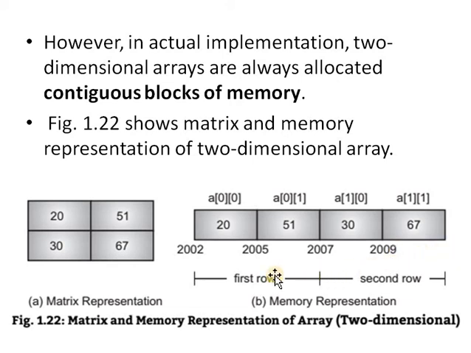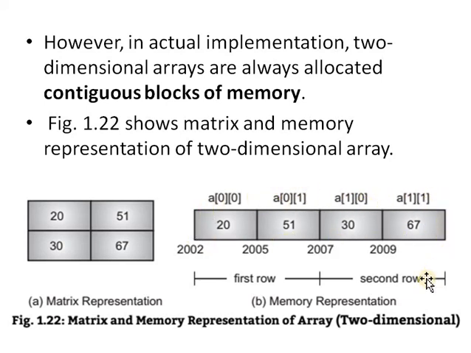Our first value is 20. In the two-dimensional array, if I want to retrieve the value 20, the first element, then I want to specify the index as A, meaning here the array name, then the row index, then the column index. Same way we can access any element from the two-dimensional array.